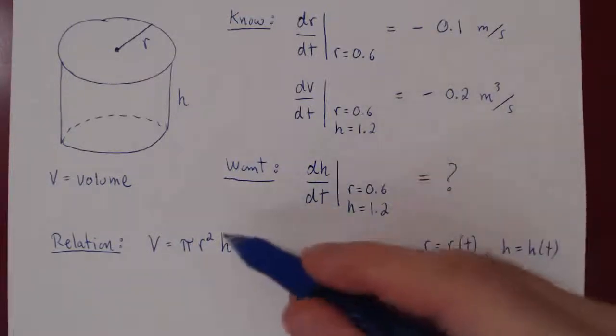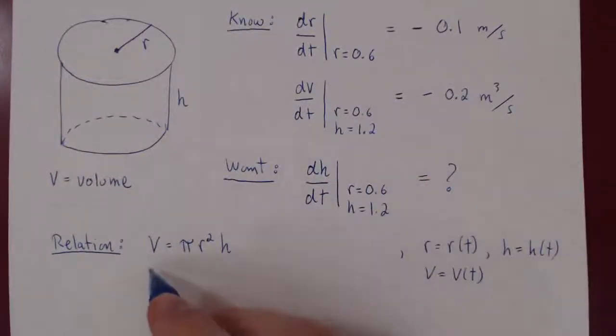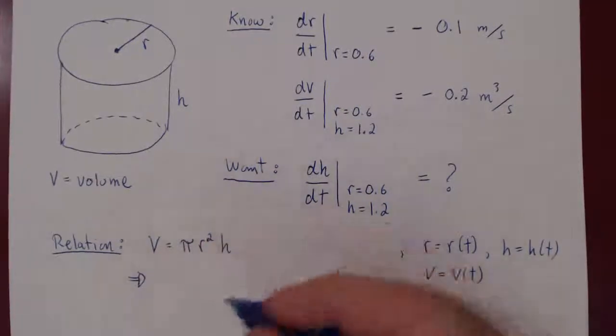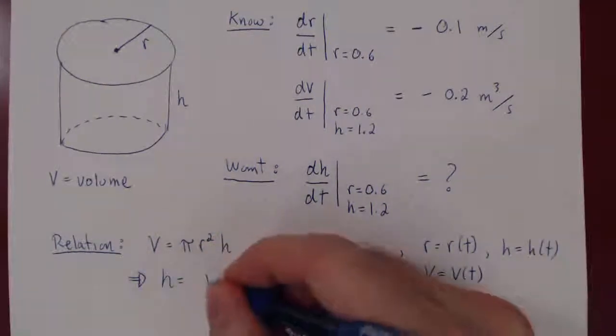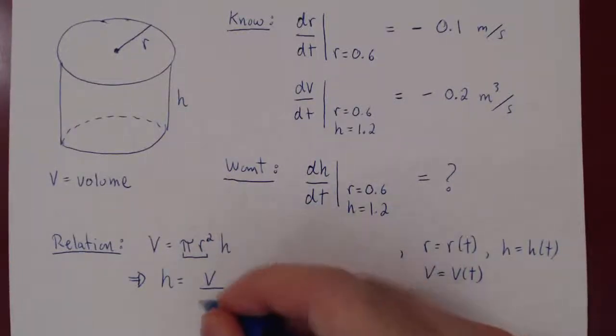Here, I'll solve for h, and then I'll differentiate the expression. So if the volume is pi r squared h, this means that the height will be the volume divided by pi r squared.